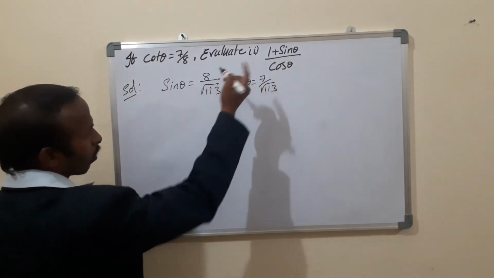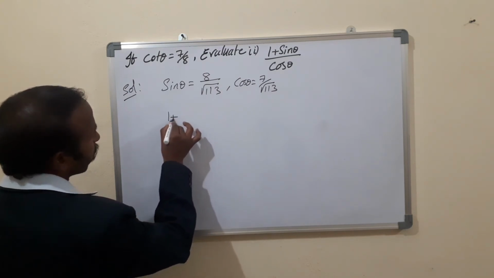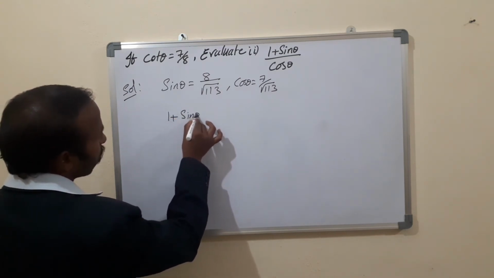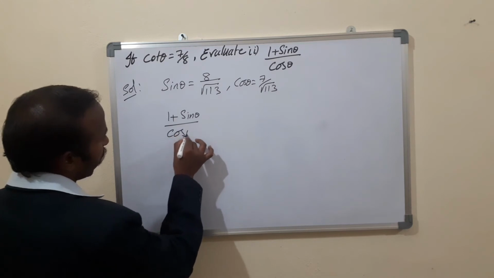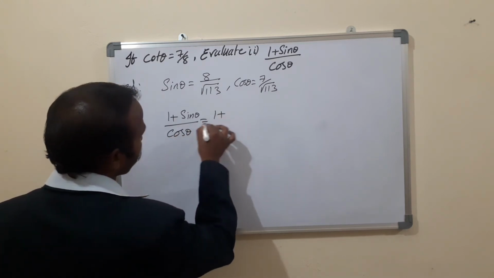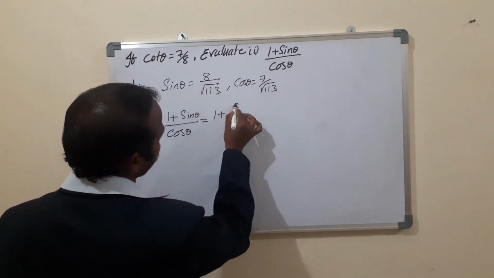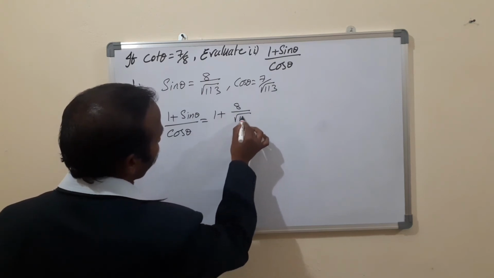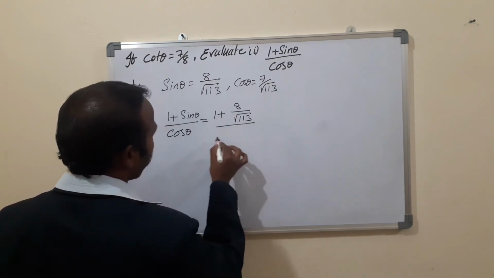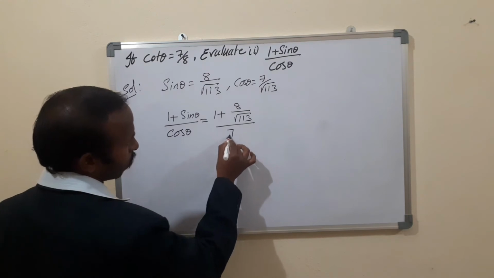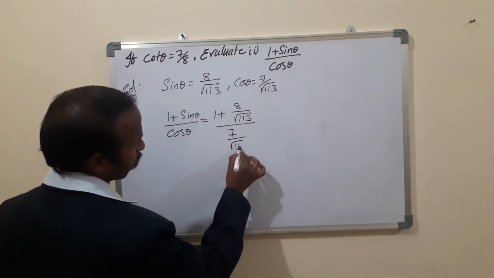Now substitute in the question. 1 plus sin theta by cos theta equals 1 plus sin theta, the value of sin theta is 8 by square root of 113, by cos theta, the value of cos theta is 7 by square root of 113.